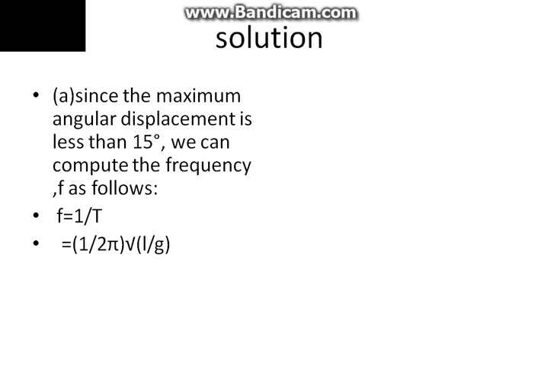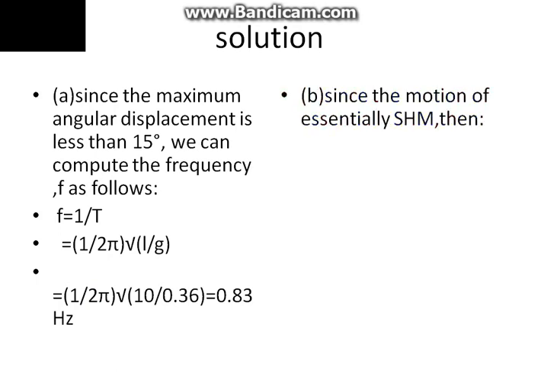B. Since the motion is essentially simple harmonic motion, then V max, that is maximum velocity, is equal to amplitude times the angular velocity ω, which we now have as √(k over m), that is force over mass.